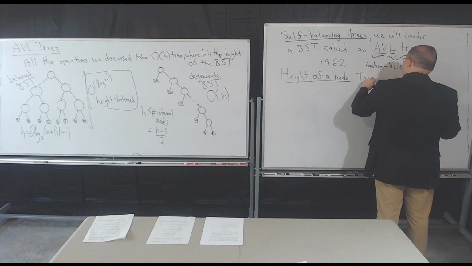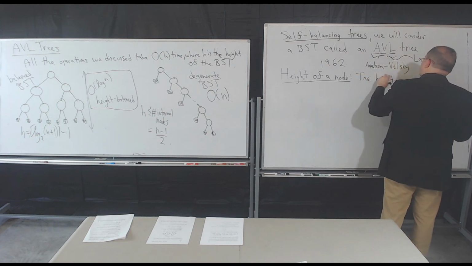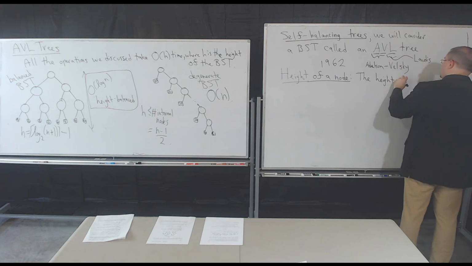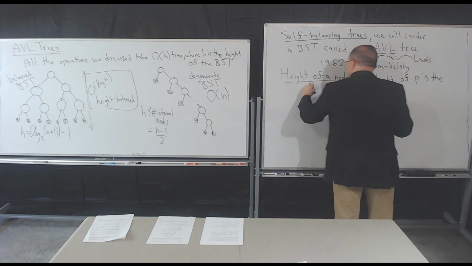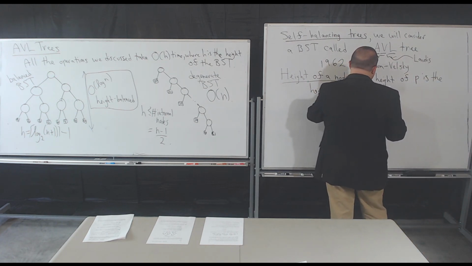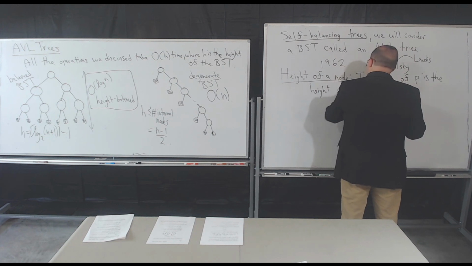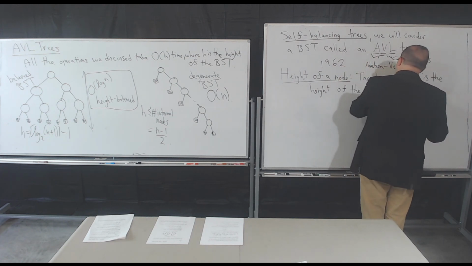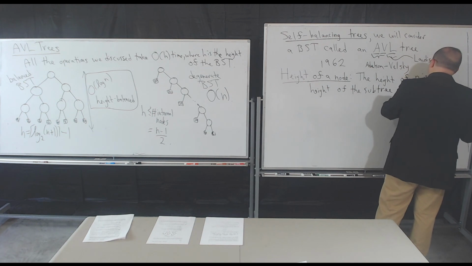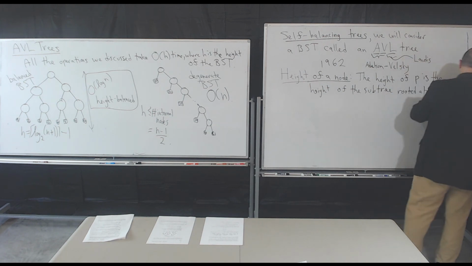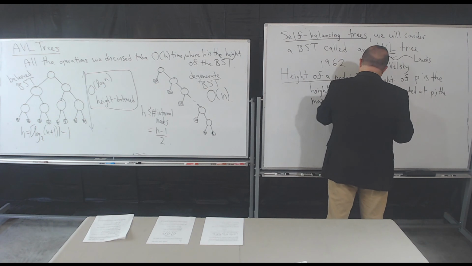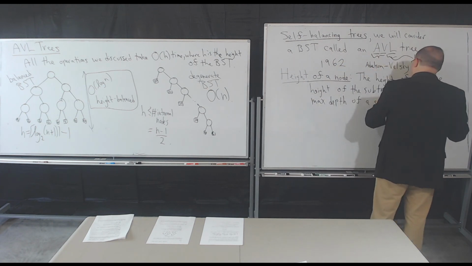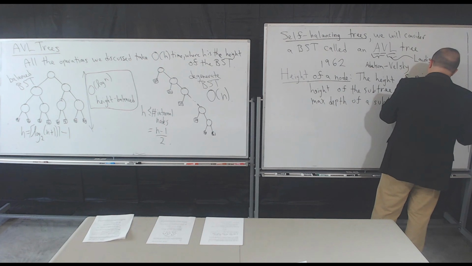So the height of P is the height of the subtree rooted at P, the maximum depth of a subtree rooted at P.